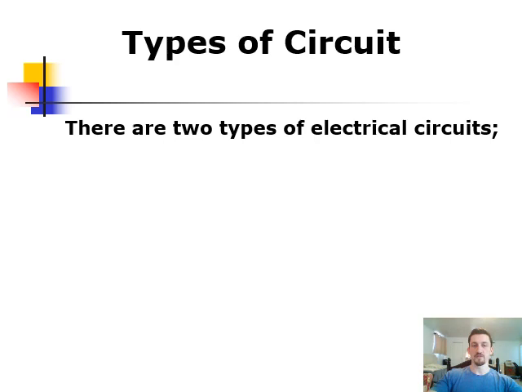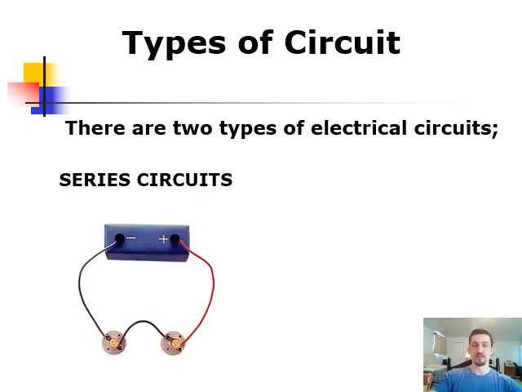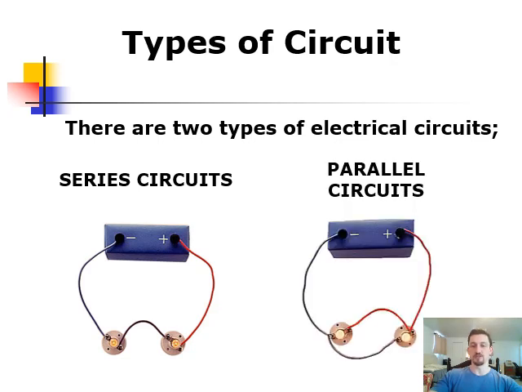Okay, so I sort of gave this away on the first slide, but there are two types of electrical circuits we're going to be looking at. First are series circuits. You can see here from this picture how these two light bulbs are in one series or in one line, which means our electric current is just going to follow one path through both light bulbs. And the other type of circuit is a parallel circuit, as you can see in this picture on the right.